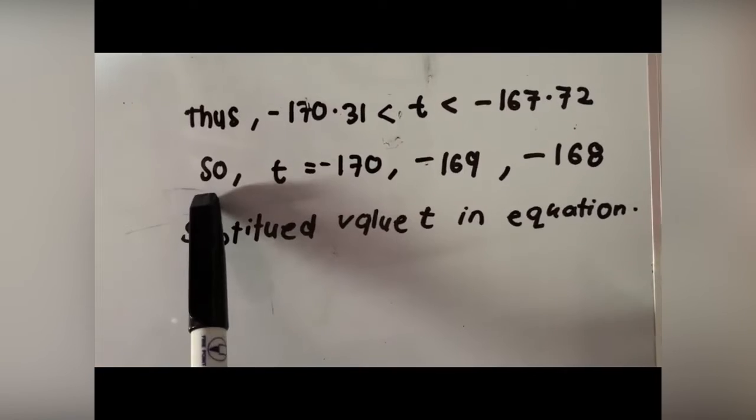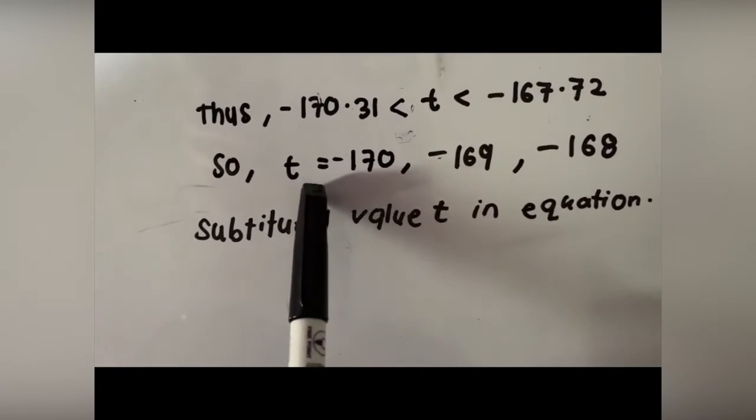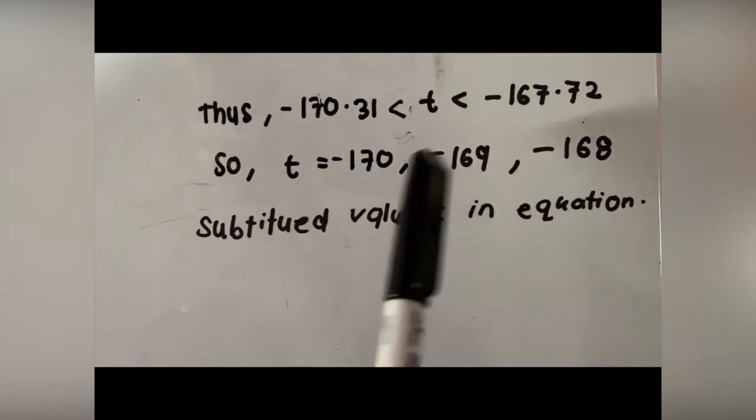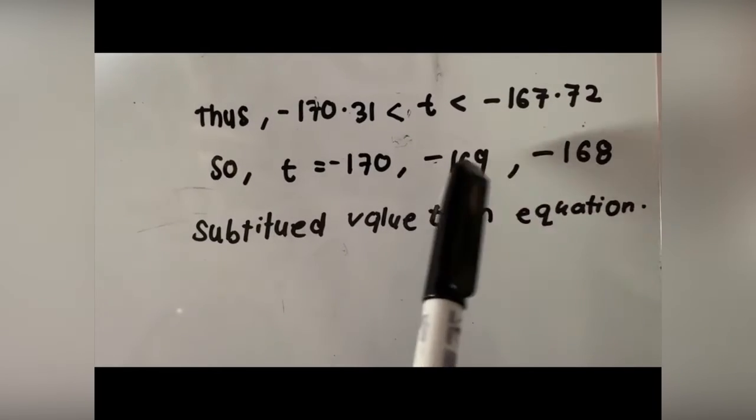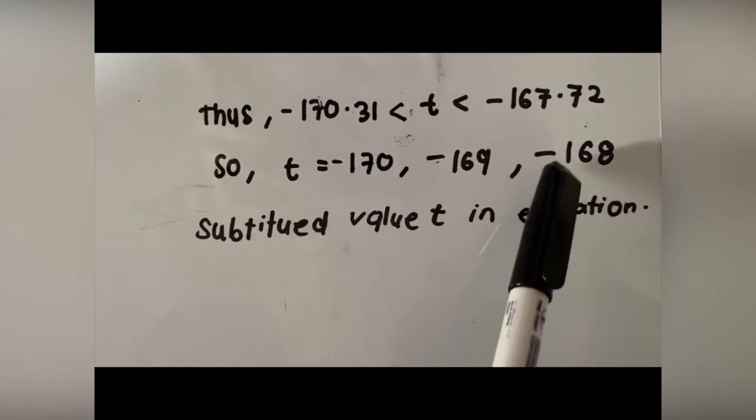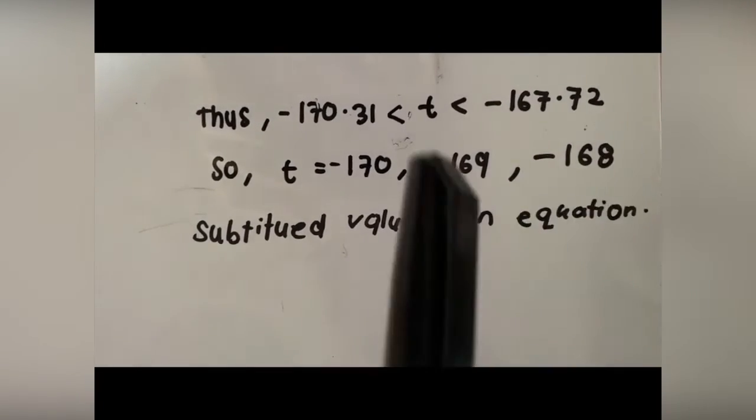So we can conclude the value of T is negative 117, negative 169, and negative 168.